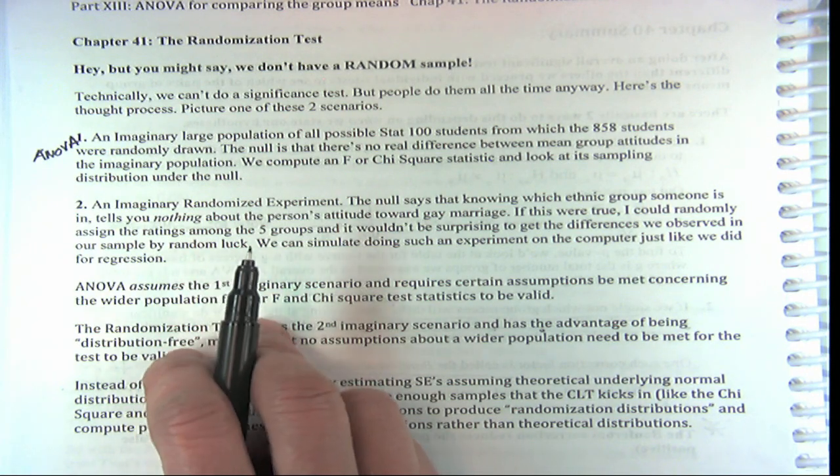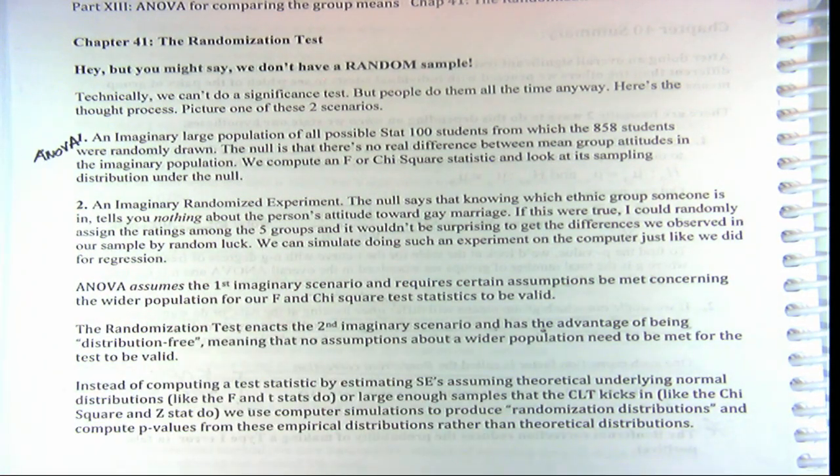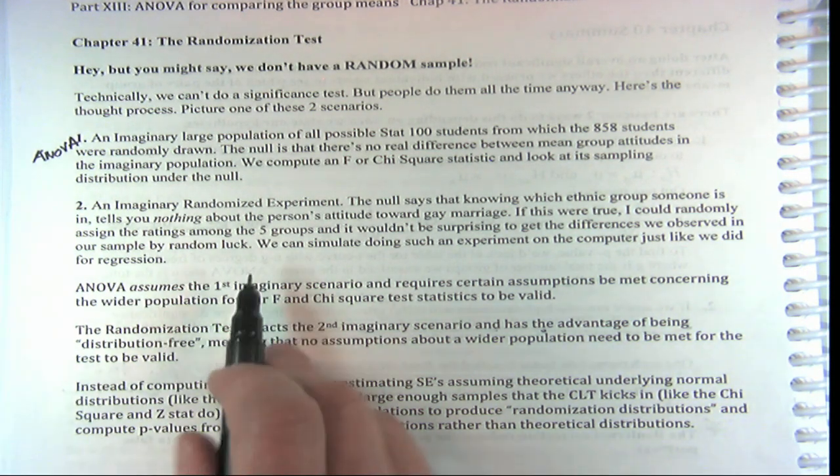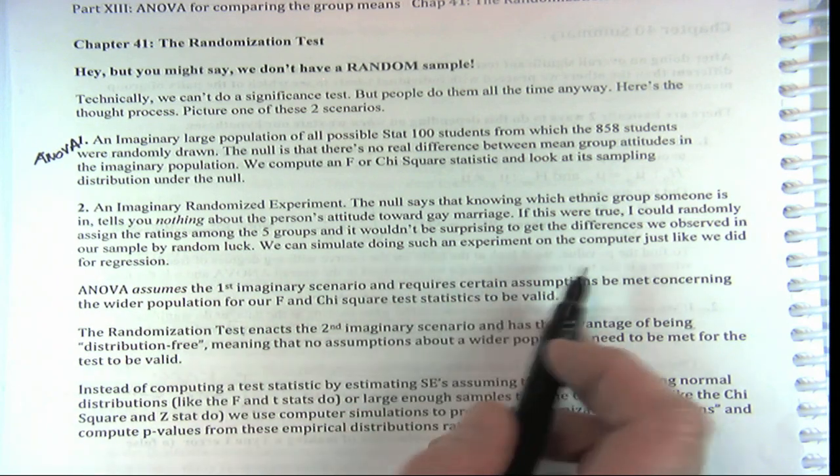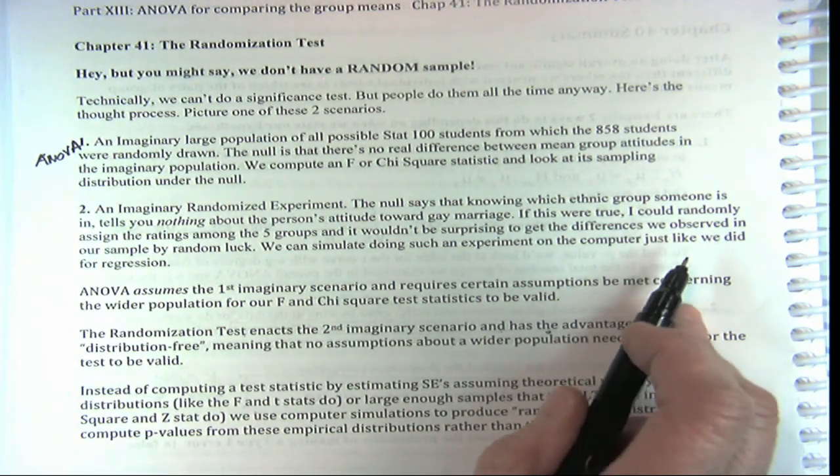So if I just shook up all 858 ratings, paying no attention to ethnicity, and then randomly divided them into 5 groups, how likely would it be to see these kind of differences? That's what the re-randomization test does. So we can simulate this, doing the experiment on the computer, just like we did for regression.